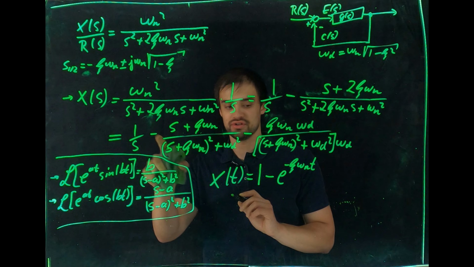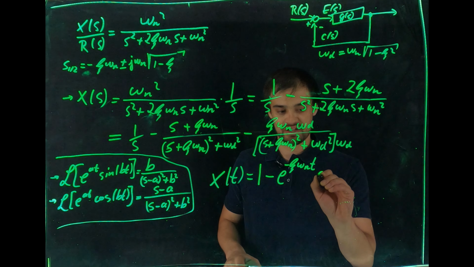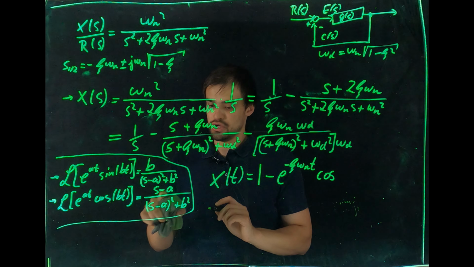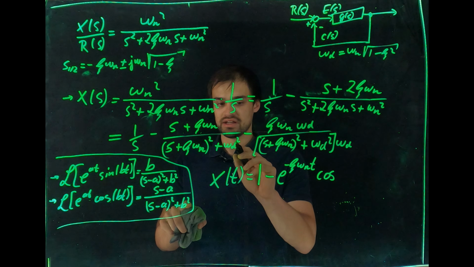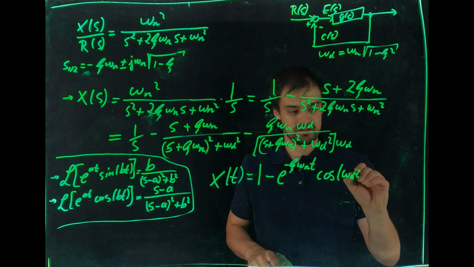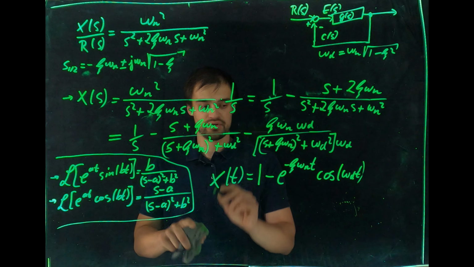Whatever comes in front here doesn't really matter. That's a minus sign over here. And we have a cosine term. Let's check this out. The cosine term should be cos(omega_d t). Why? Because the b is squared down here.